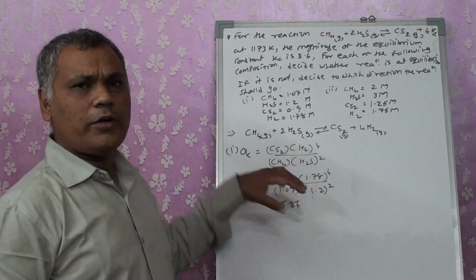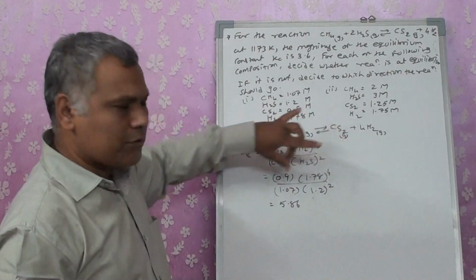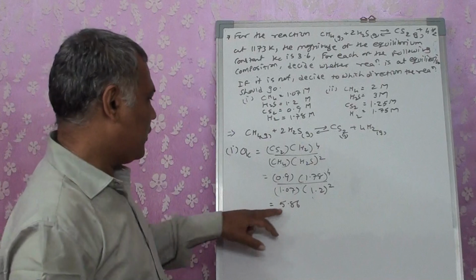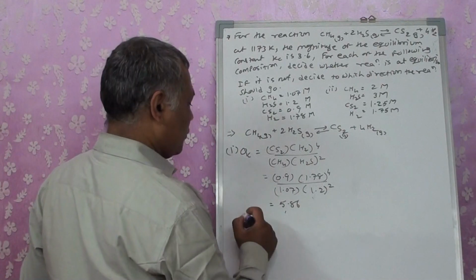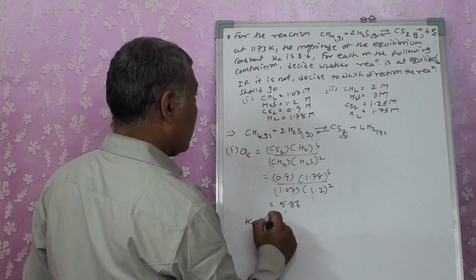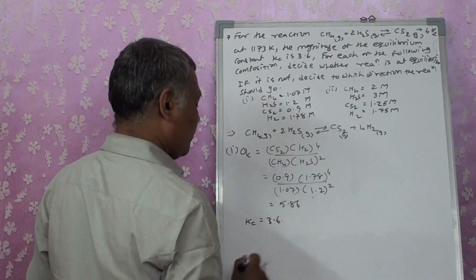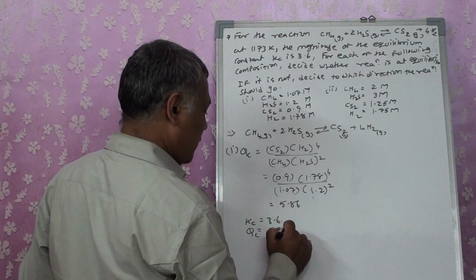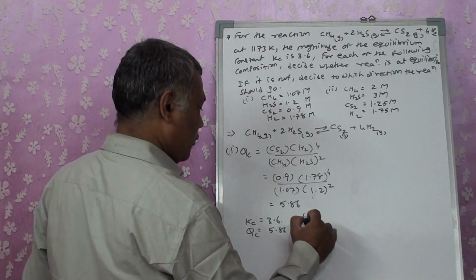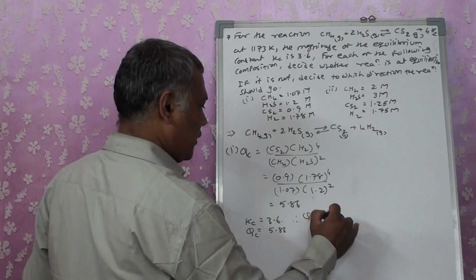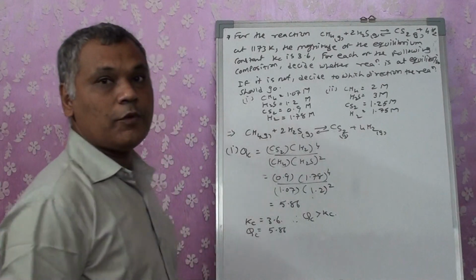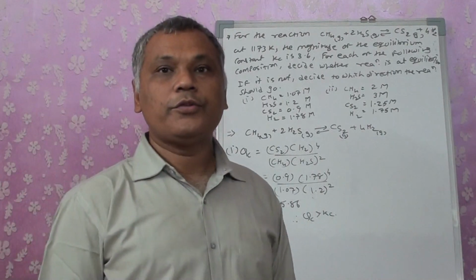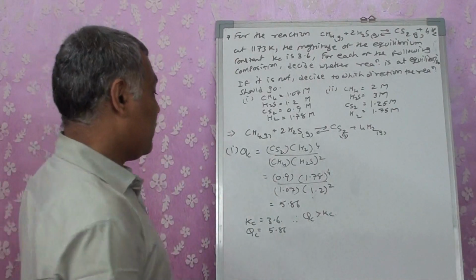By using the calculator, you can multiply these numbers and divide, and you will get this answer. So what does this show? Kc is 3.6, Qc is 5.86. Therefore, Qc is greater than Kc.